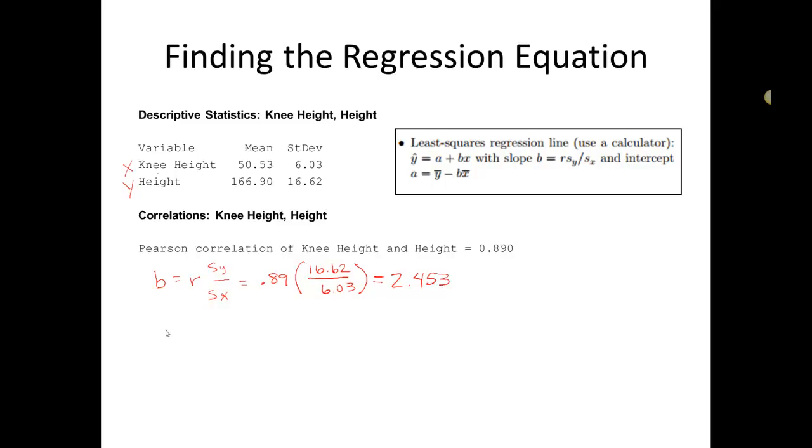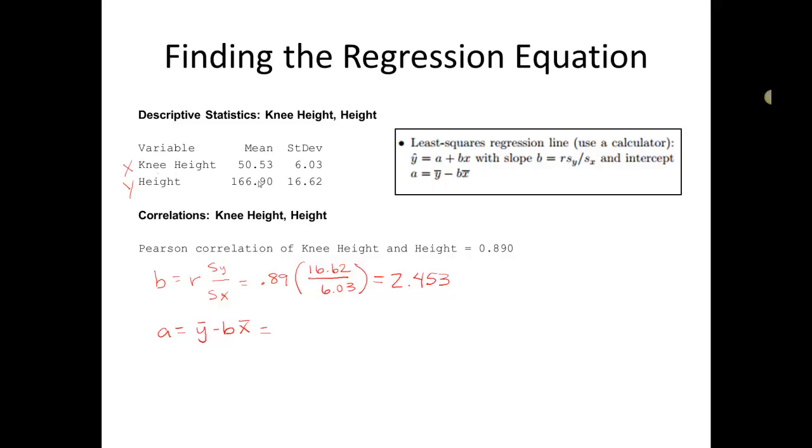Next, I can find my intercept, a, by taking y bar minus b times x bar. And all these formulas are coming from this little spot in the book right here, which is going to be on your exam. So again, I'm just going to plug in the values here.